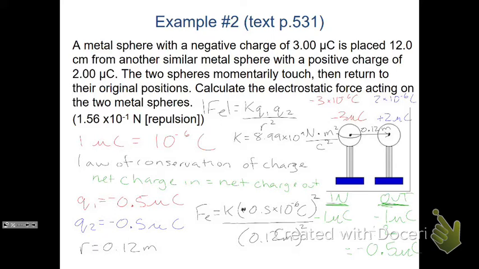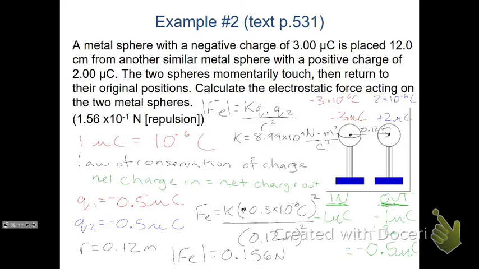Okay, so once you punch these into your calculator and you're careful with your brackets and your exponents, this is equal to 0.156 newtons.